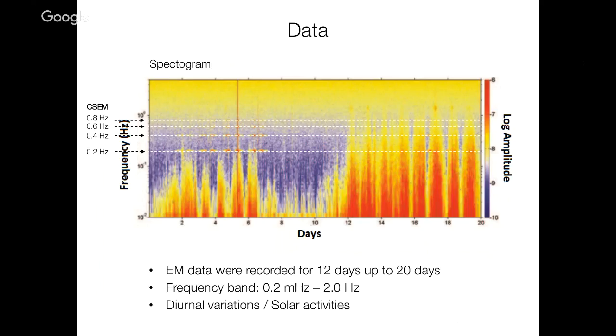Here's the data. It's like a spectrogram. That might be the right word. This one is actually obtained from just one, let's say this is the ocean bottom. Then you have one receiver station here, measuring EX and EY, and then here you've got the coil, measuring HX and HY. I think that's one component measured here, the receiver.